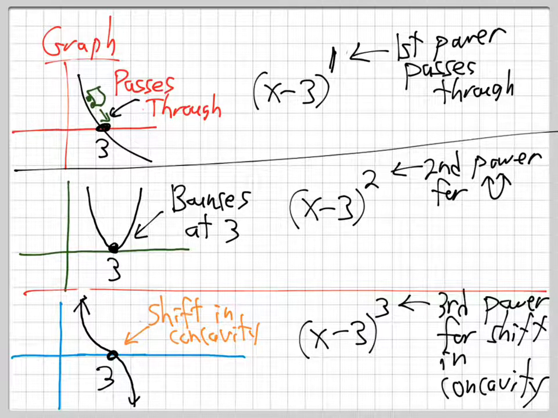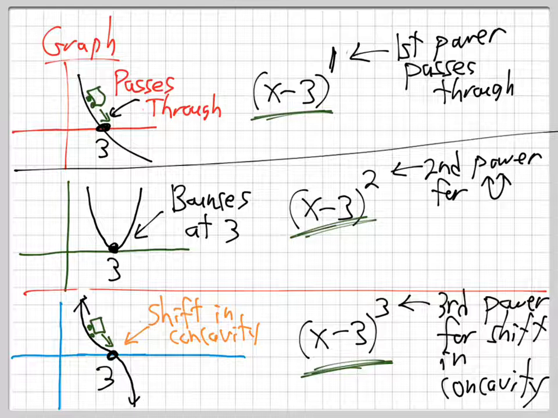But if you were on the roller coaster on this third graph going down, you would kind of hit that, you would think you're going to level out, and then it would take another dive. See how it seems like it's going to level out and then takes another dive, a little shift. You'd feel a shift right there, wouldn't you? That's a third power. So a third power is a shift, second power is a U-shape, first power is smooth right on through.